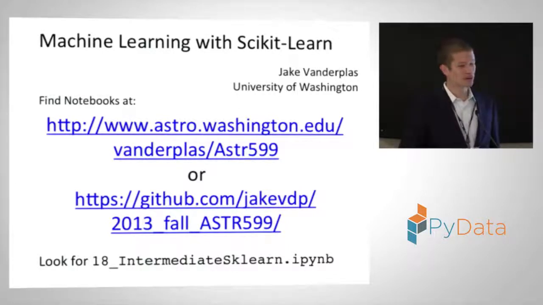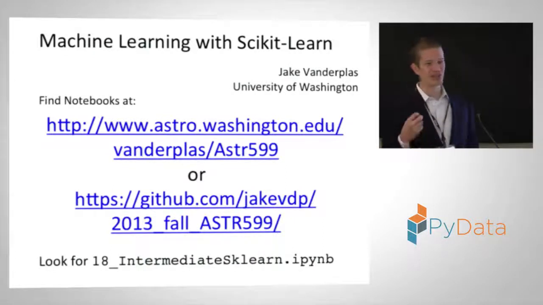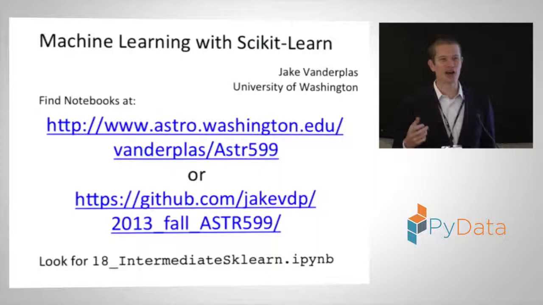But then after that, what I want to focus on here is one of the more important pieces of machine learning that sometimes is glossed over in these types of tutorials, and that's the act of validation and cross-validation and going into model selection. So the idea is that you've figured out the mechanics of machine learning. You've fit a model to your data.